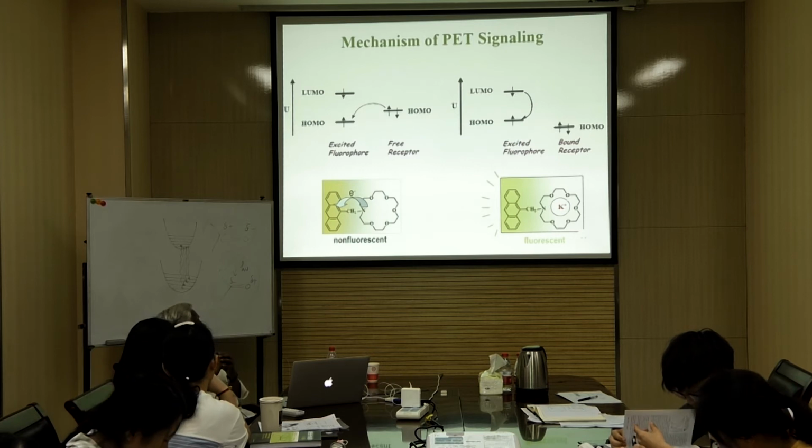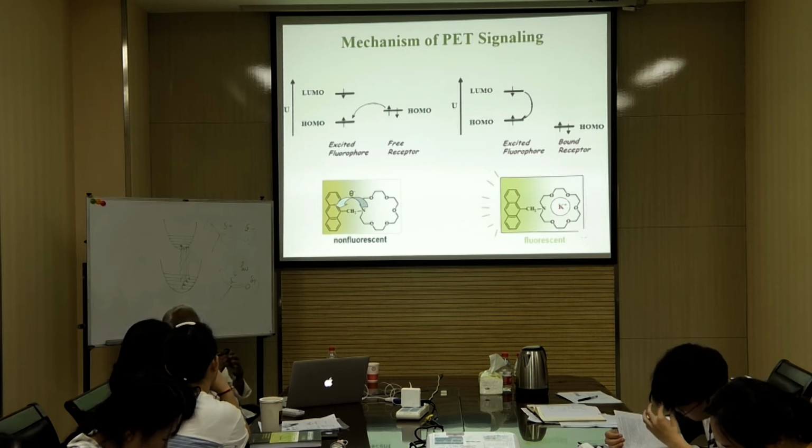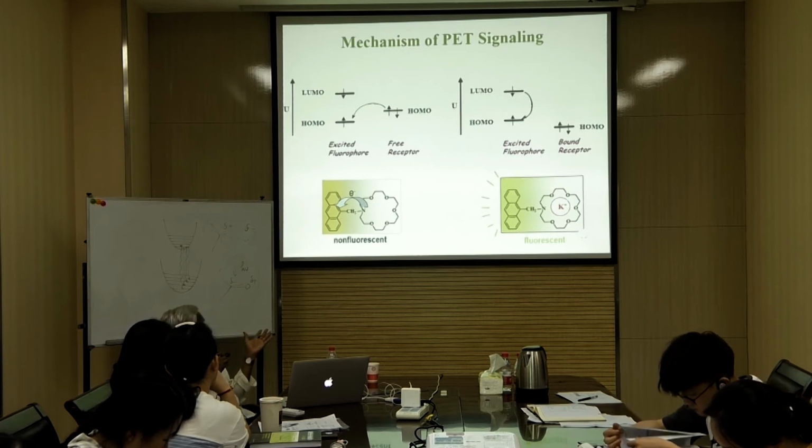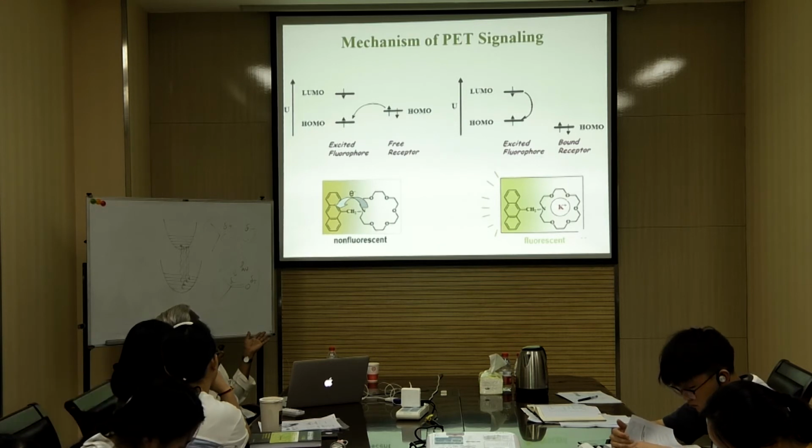Basically what happens is, as this molecule is in the ground state, this lone pair and this benzene will interact, because the molecule's electron orbitals are filled. In the ground state, you are going to have 2 electrons. When you excite it, this orbital becomes partially empty.